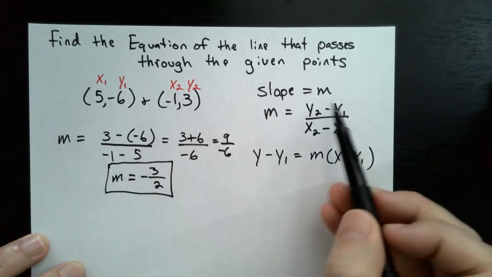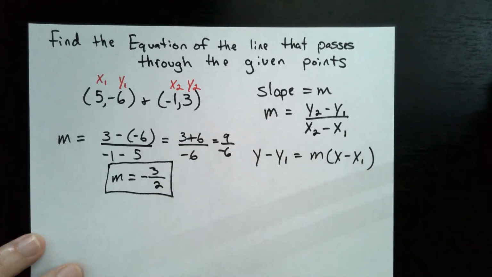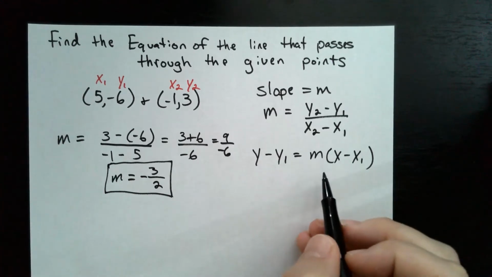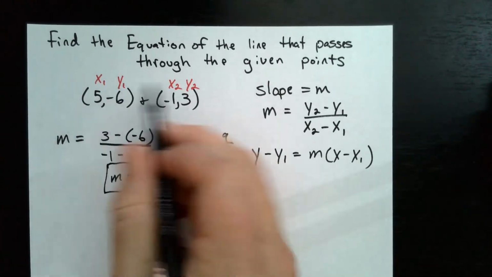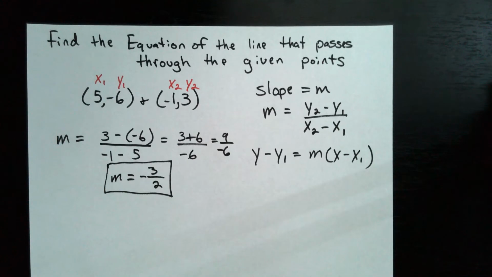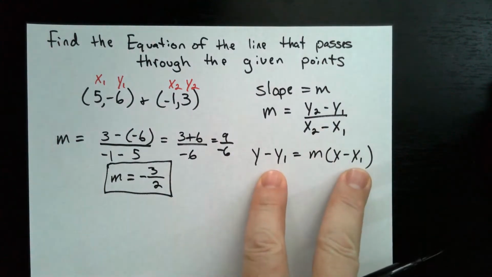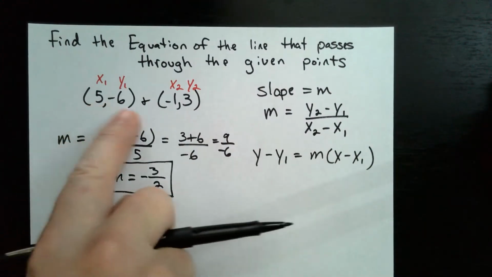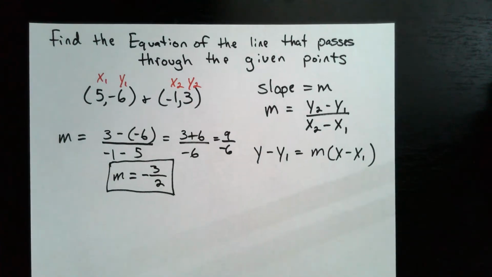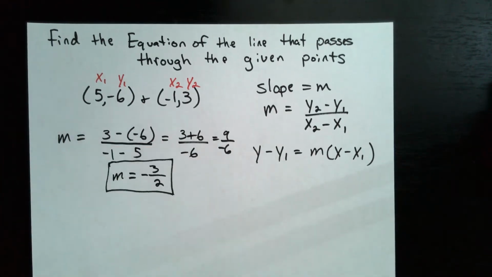Now we've used the first formula. Now we're going to use this point slope formula, and we're going to choose one of these points, and it doesn't matter which, to put in for y1 and x1. Since I already labeled these x1 and y1, I'm going to use that, but you could use the other and you'll come up with the same answer. So let's use the 5 and negative 6.